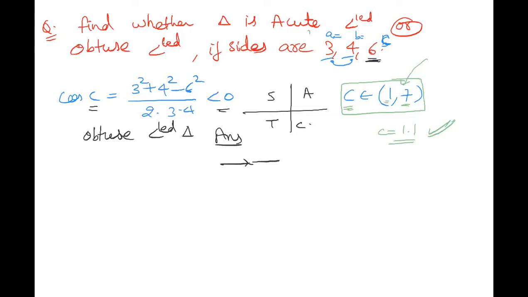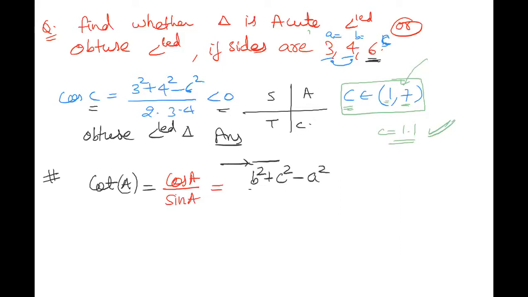Now one important manipulation. If we have cot A, I can write cot A as cos A divided by sin A. So for cos A, I will apply the cosine formula: b square plus c square minus a square divided by 2bc, and sin A as it is.